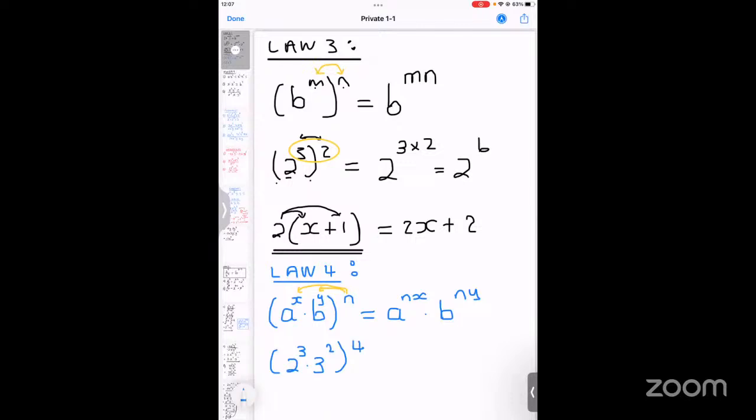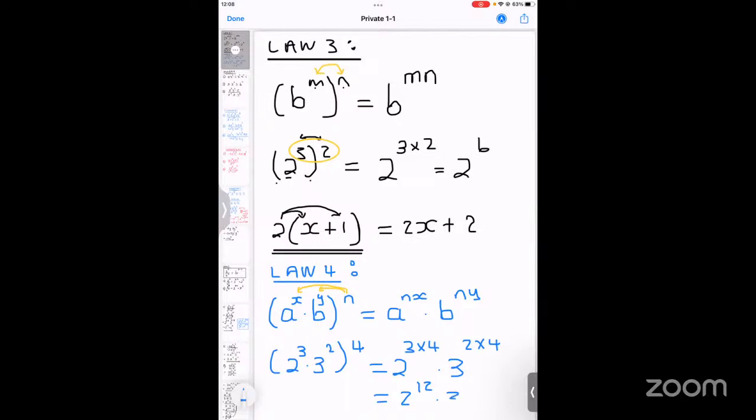So if we have to apply this law, we will therefore say 2 to the exponent of 3 times 4, and then we have 3 to the exponent of 2 times 4, and then the answer becomes 2 to the exponent, what is that? Is it 16? No, 12.